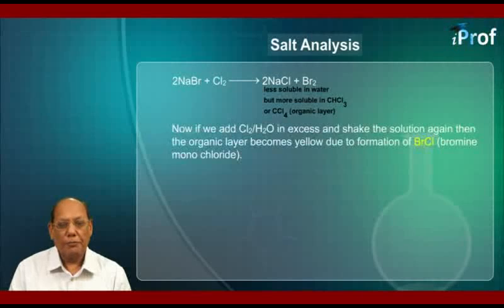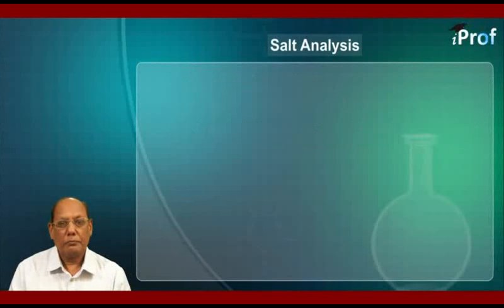Now, if we add chlorine water in excess and shake the solution again, then the organic layer becomes yellow due to formation of BrCl, that is bromine monochloride.